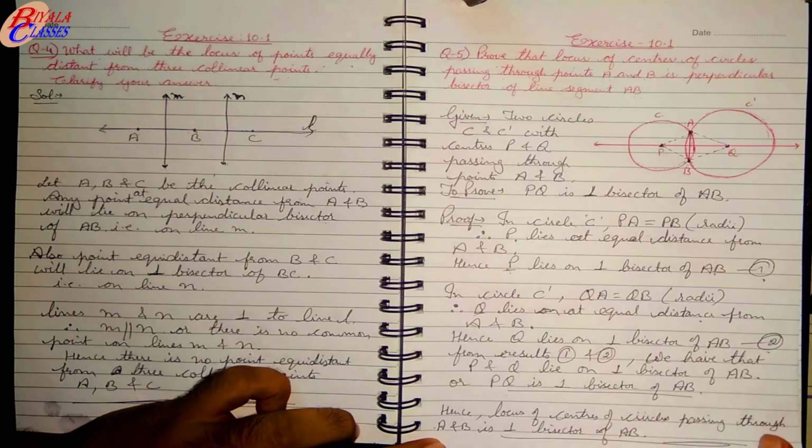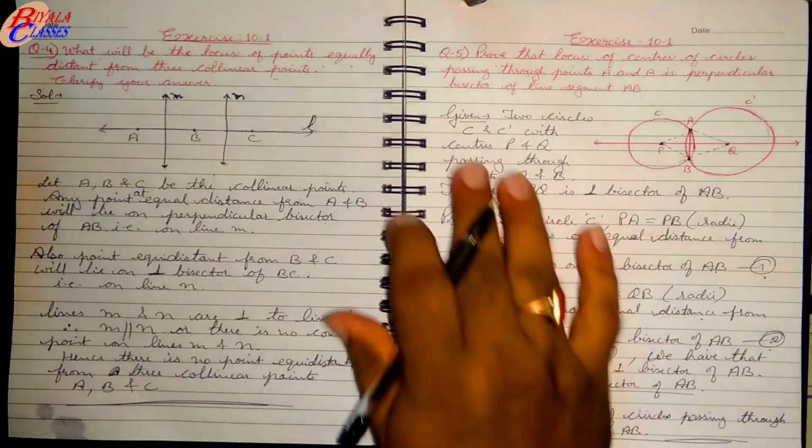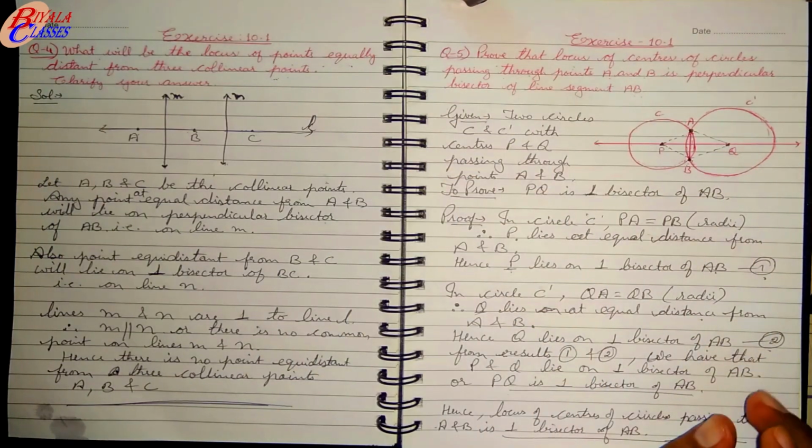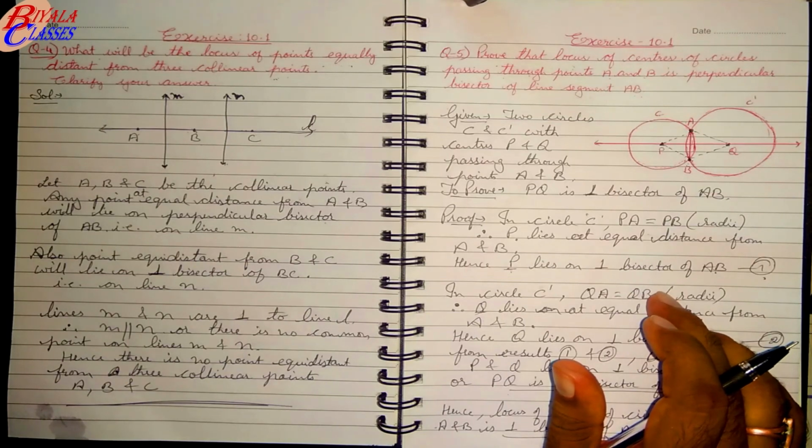So this is what we had to prove. So this gives us the solution or the proof for question number 5. In the next video, we'll continue with the remaining questions.